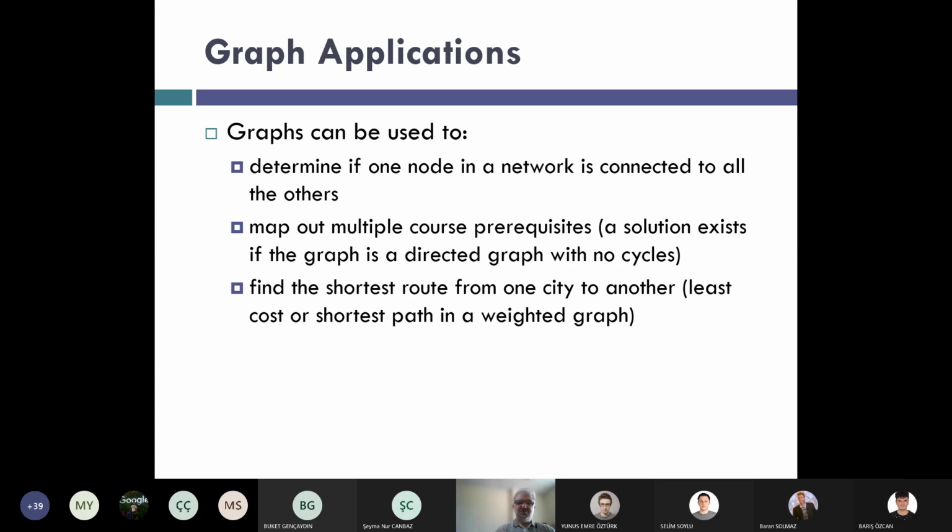For example, we can determine if a graph is connected or not. If the vertices are a network of computers, then we can check whether the network is connected, meaning any two computers can talk to each other.